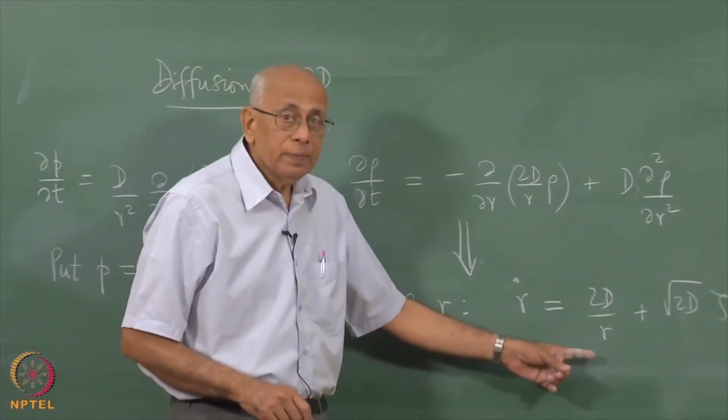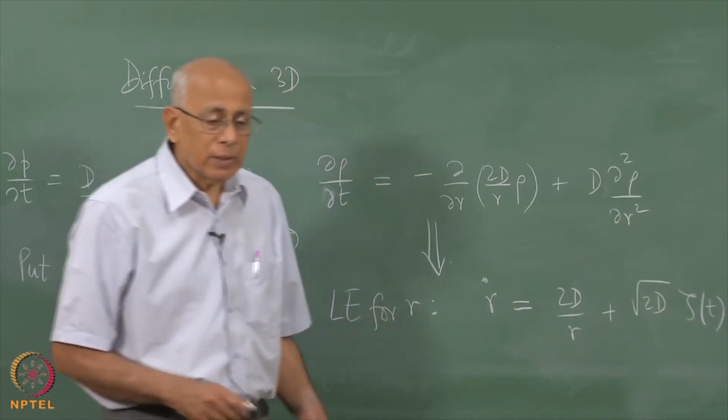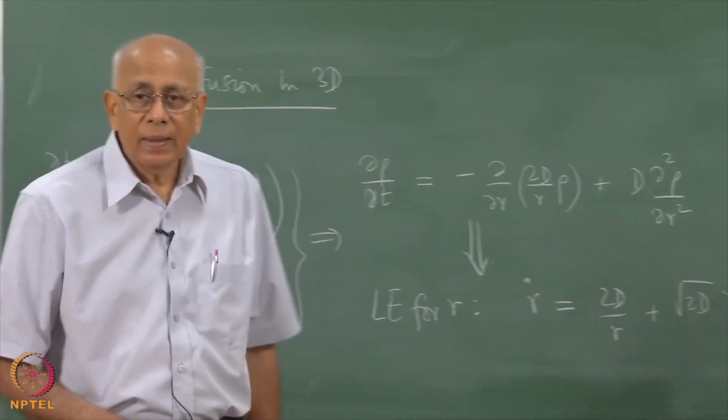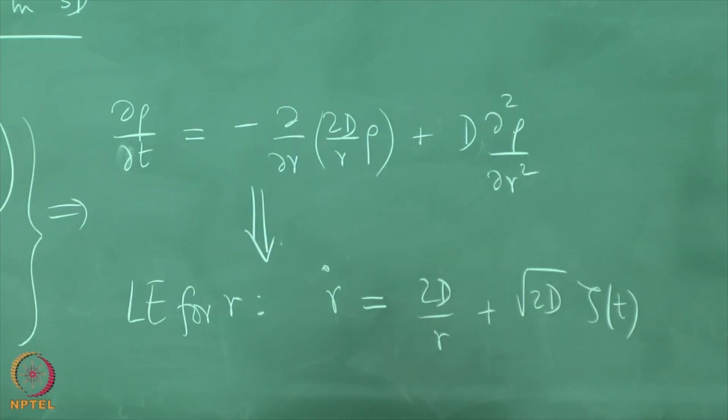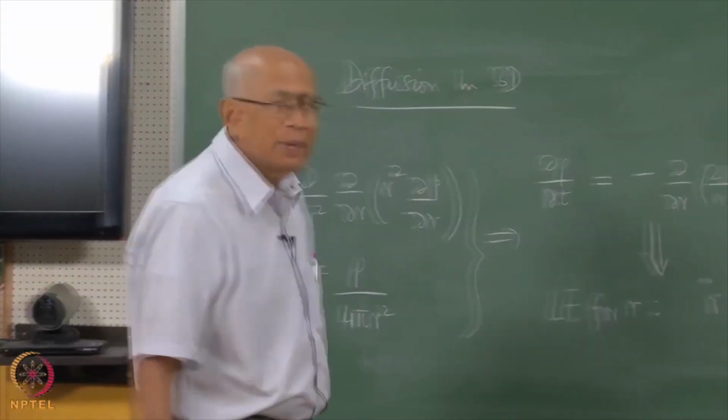So there is a drift here which is tending to increase r, and there is no external force, but yet you have a drift. Where is this coming from?